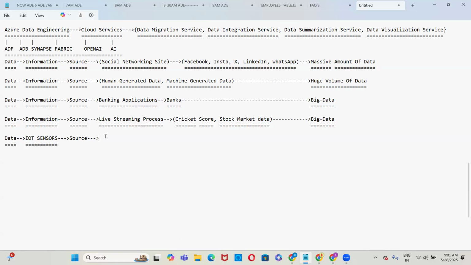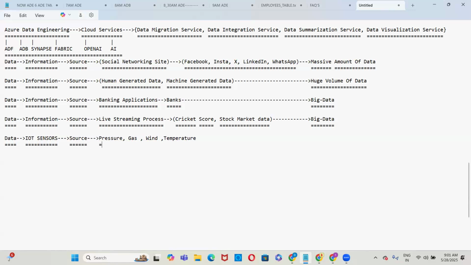It records pressure, gas, wind, temperature. All these are recorded here, guys. All these are recorded by what, guys?